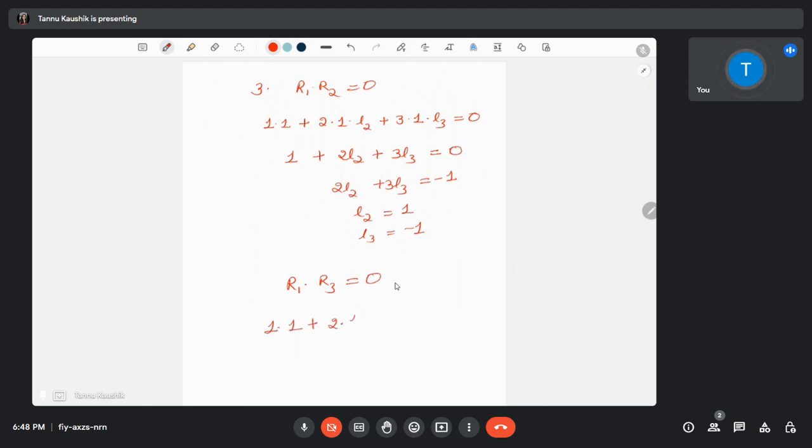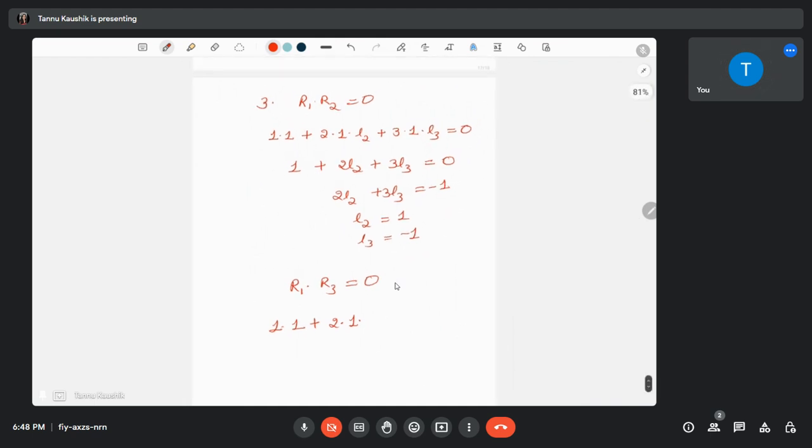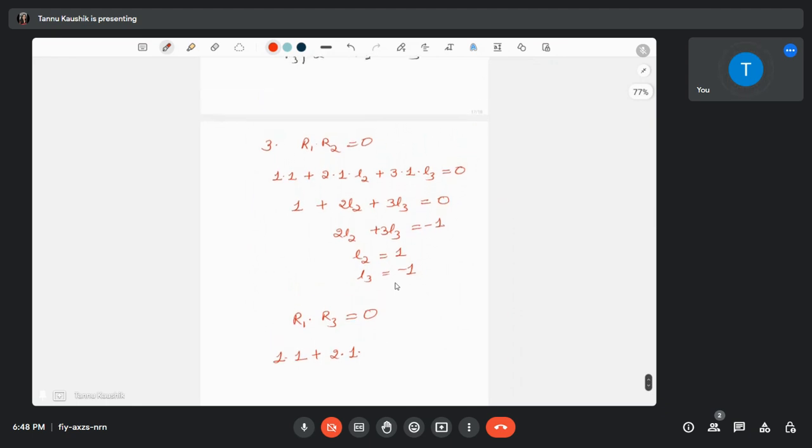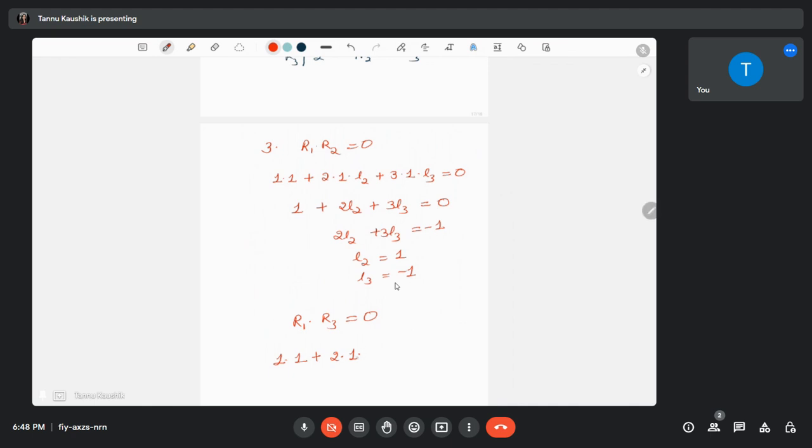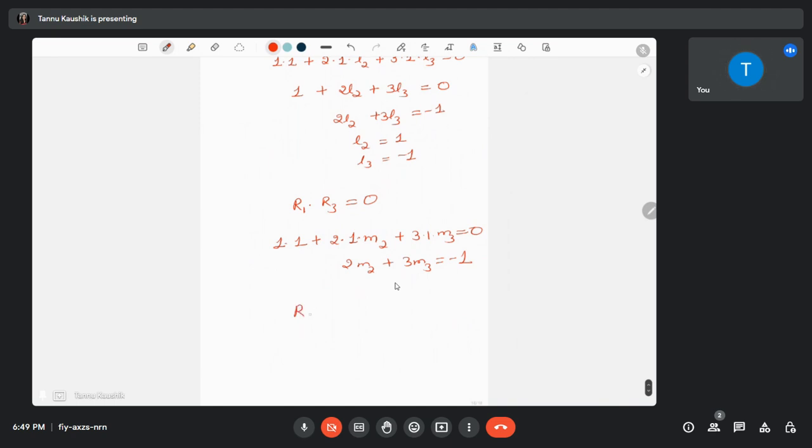So it will be 1 into 1 plus 2 into 1 into M2 plus 3 into 1 into M3 equal to 0. So it will become 2M2 plus 3M3 is equal to minus 1.